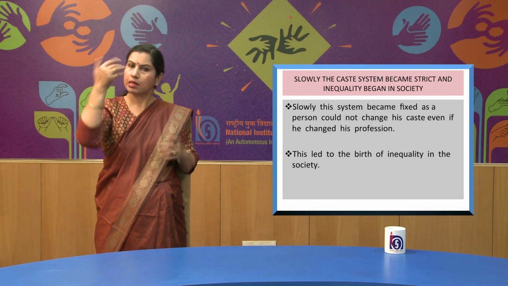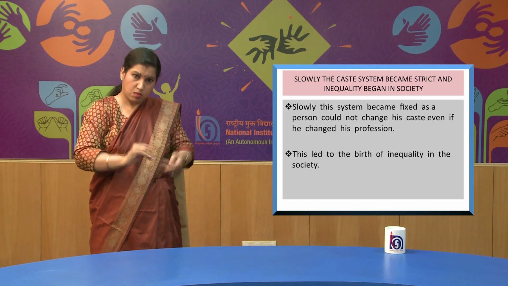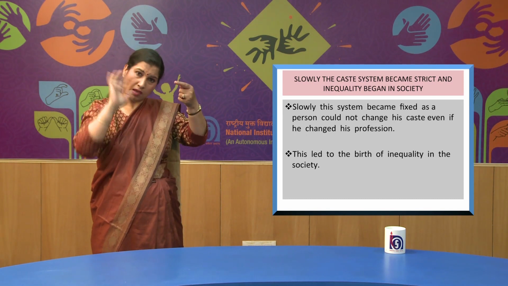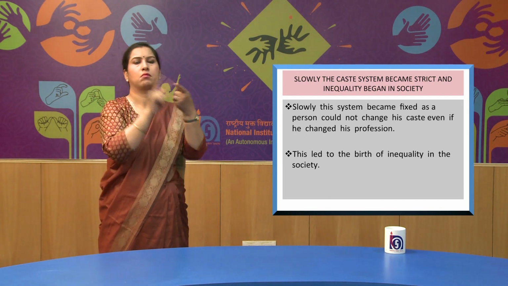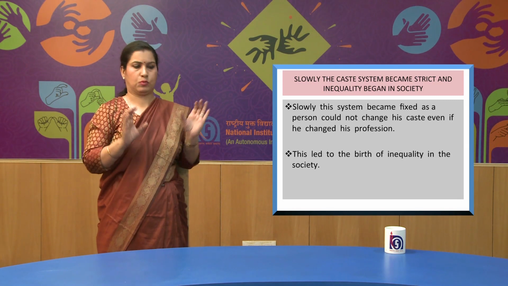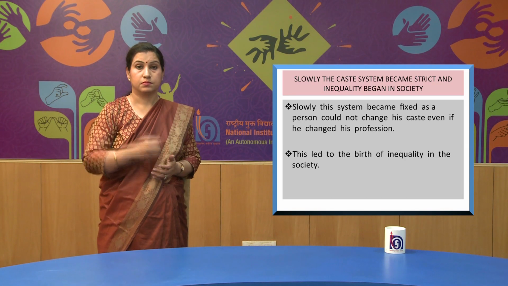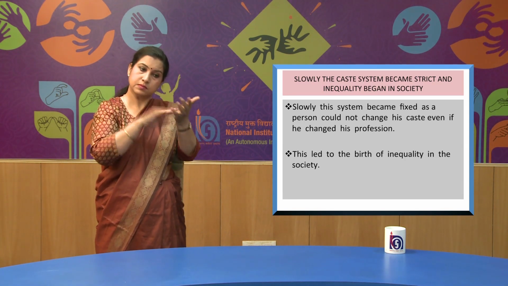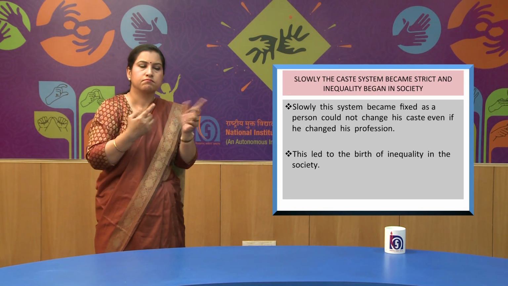And a person born in upper caste, even if capable, would get all the rights and benefits only because of his birth in upper caste. Thus, caste system was responsible for inequality and exploitation in society.